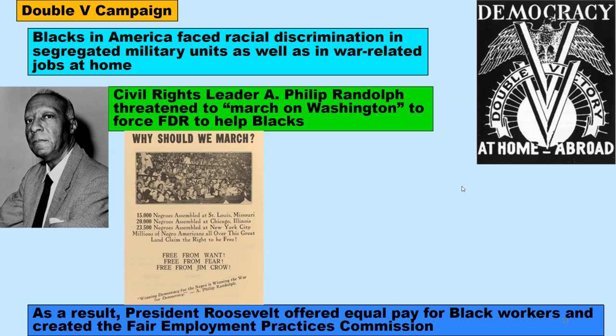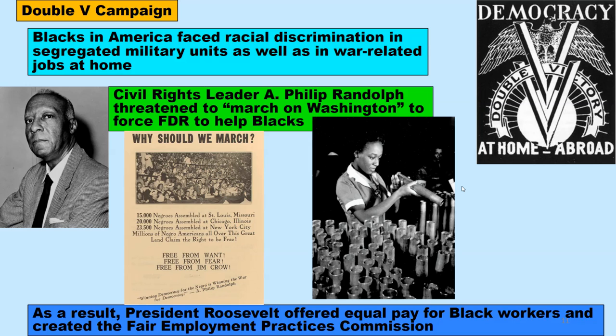The threat works. President Roosevelt is going to offer equal pay for Black workers, equal to white workers, and he's going to create the Fair Employment Practices Commission that will regulate, I guess, or look after federal war industry jobs, things like that, with discrimination in the workplace.